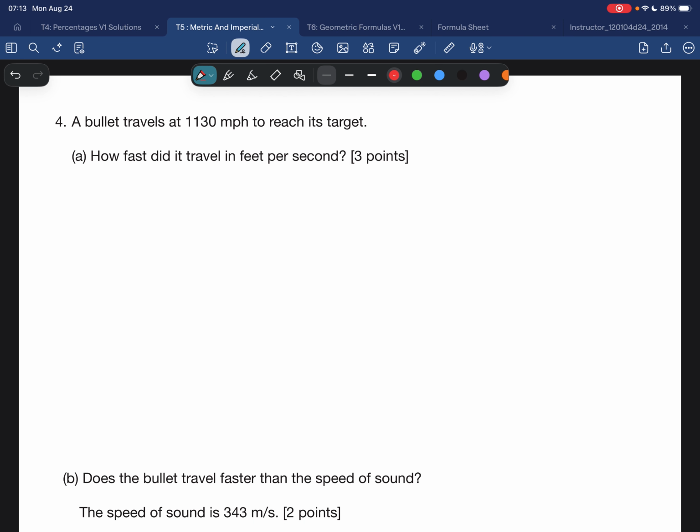A bullet travels at 1,130 miles per hour to reach its target. I believe this was a realistic speed, but I'm unsure of muzzle velocity speeds in imperial measures like this. So how fast did it travel in feet per second?